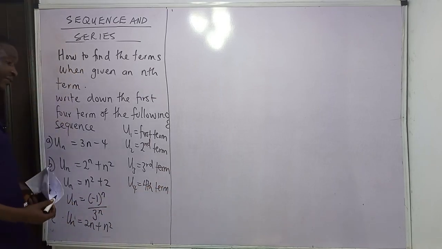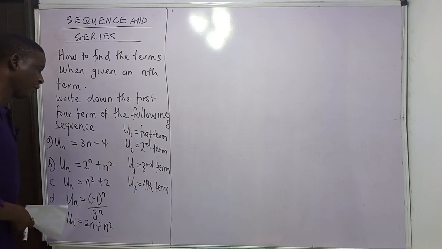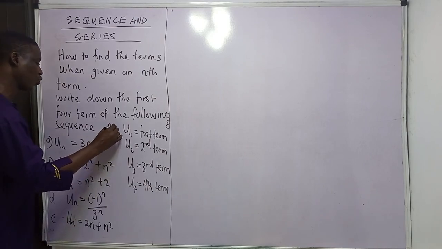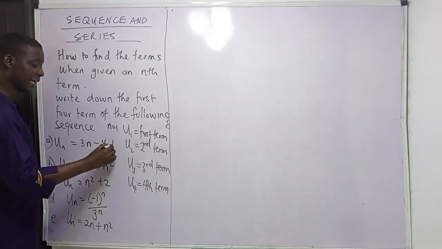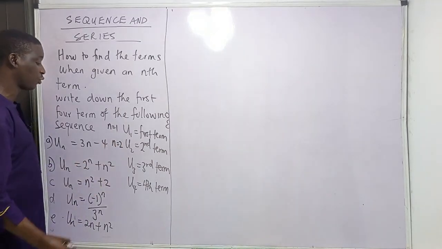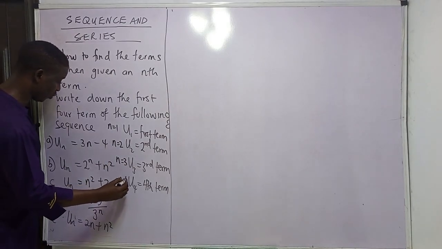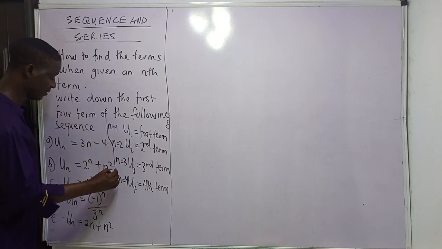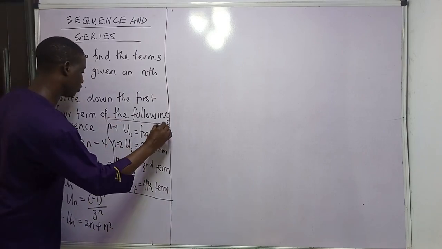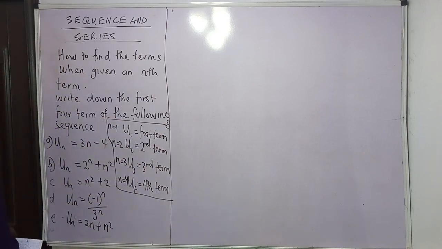And don't forget that for the first term, n equals 1; second term, n equals 2; third term, n equals 3; fourth term, n equals 4. Very important. You should know that.